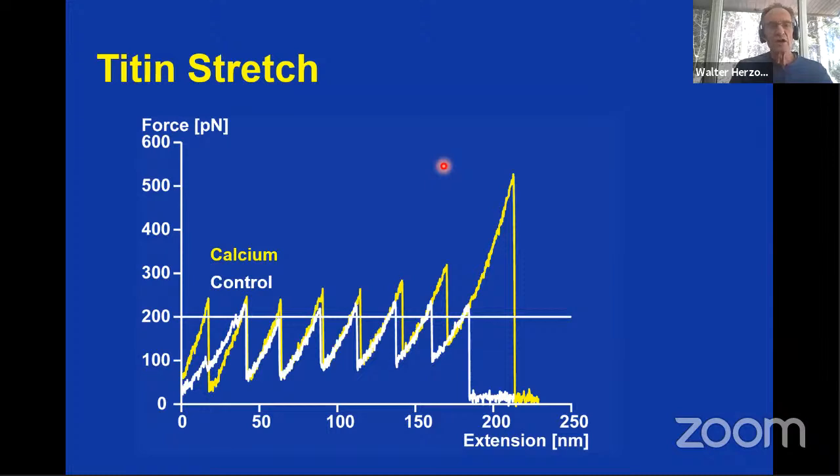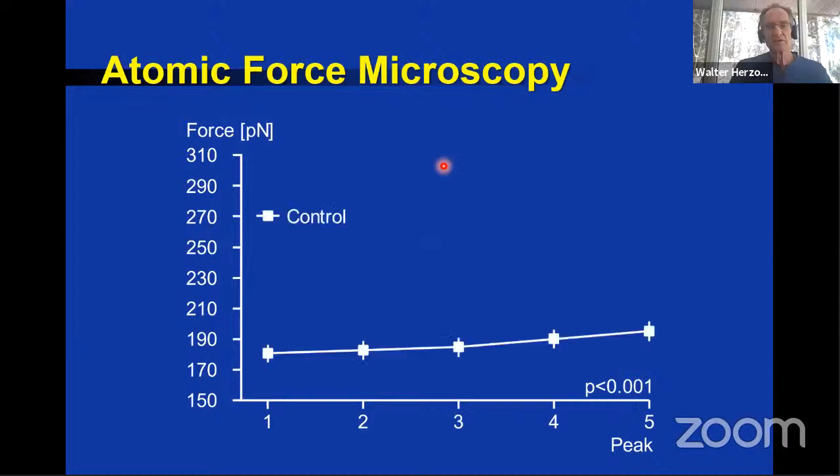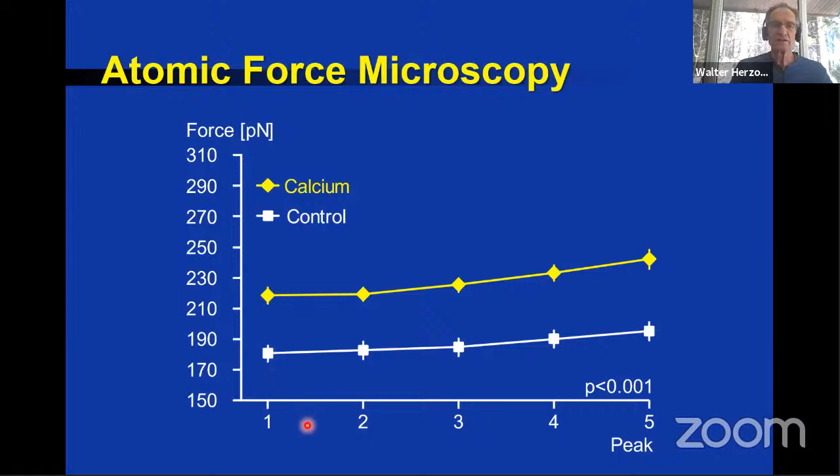And then we did several hundred experiments in the control situation and in the calcium situation, and found that indeed, in order to unfold an immunoglobulin domain in the presence of calcium, it took more force, about 20% more force, than to unfold an immunoglobulin domain in the control situation. So indeed, not only did calcium bind to these immunoglobulin domains, it also seemed to make these bonds stronger that need to be unfolded when you extend immunoglobulin domains.